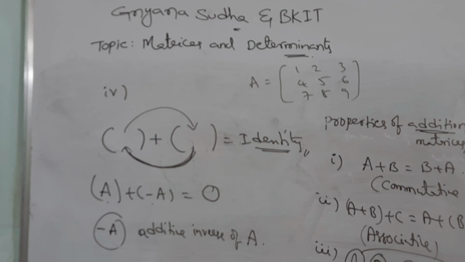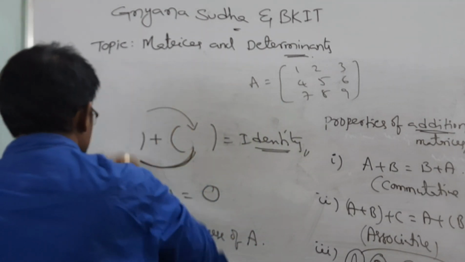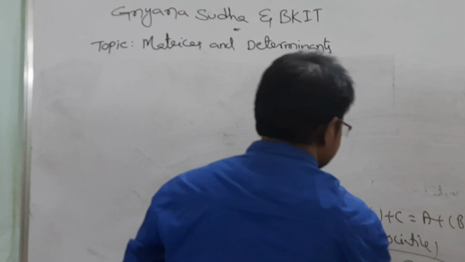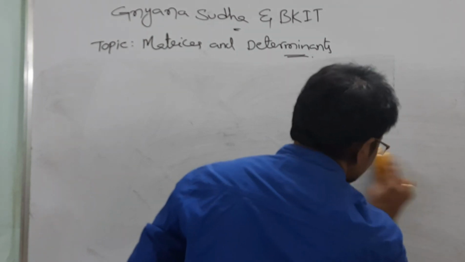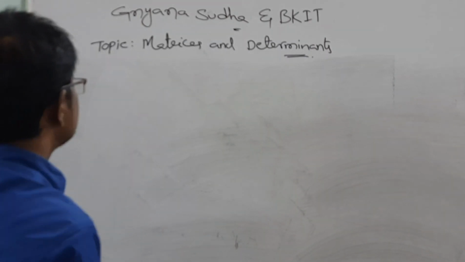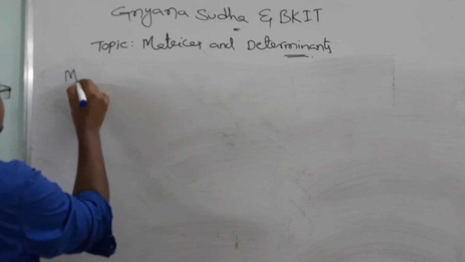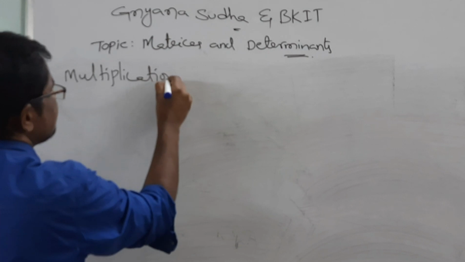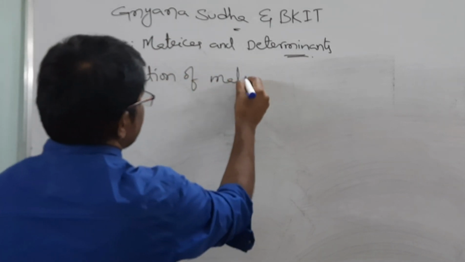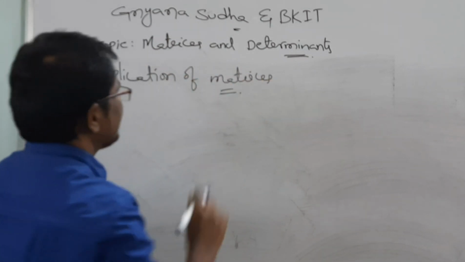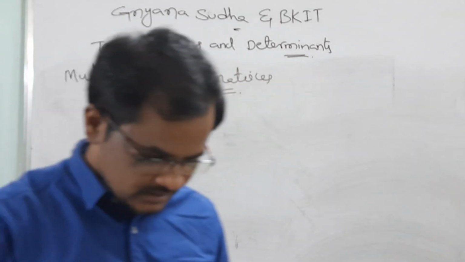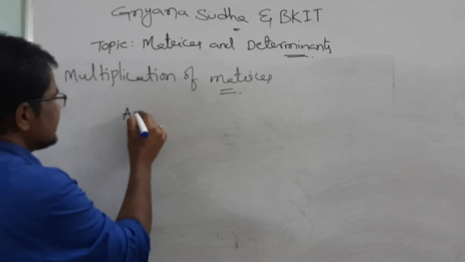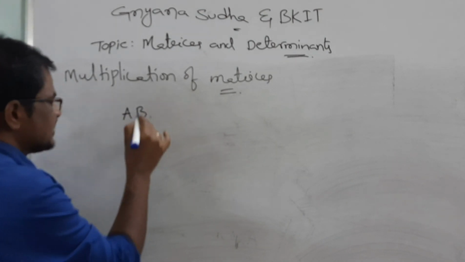Right. Next, multiplication of matrices. So when can we multiply two matrices? Suppose A is one matrix, B is another matrix.